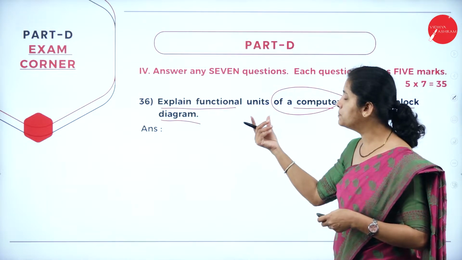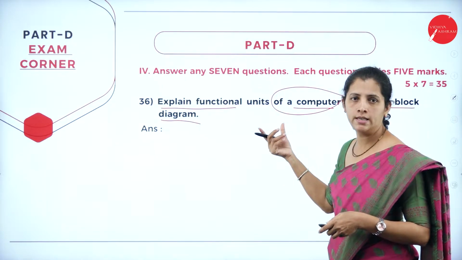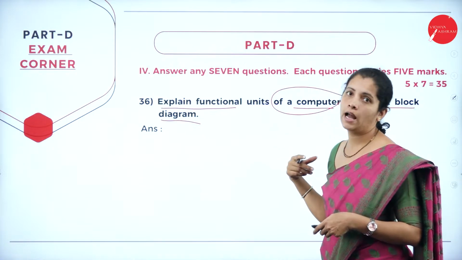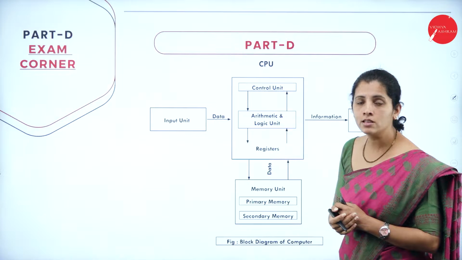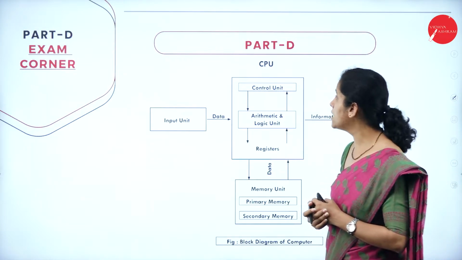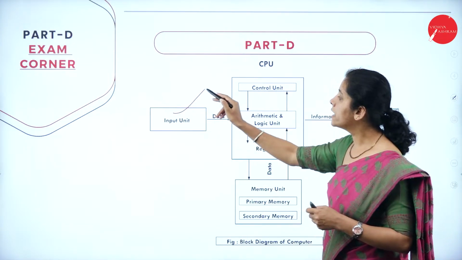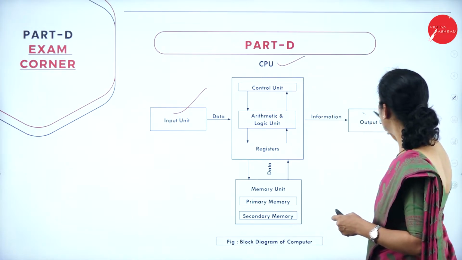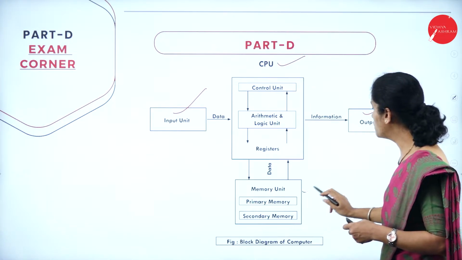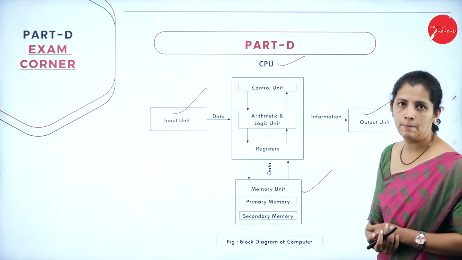So I want to explain all the functional units along with a neat diagram. Now, if I consider a computer system, what are the functional units I'm having? That is input unit, CPU and output unit, and I'm going to have memory.